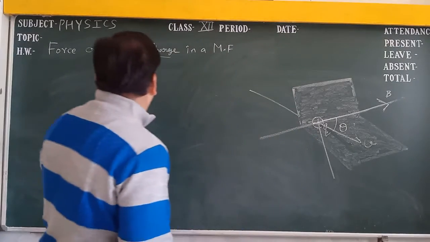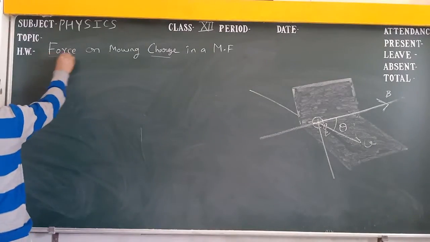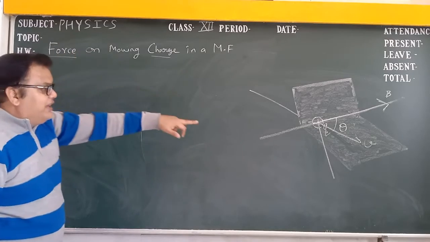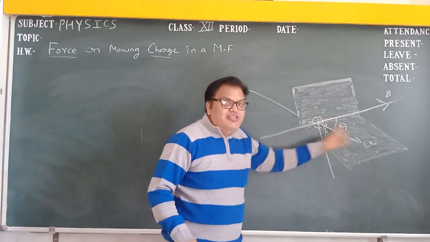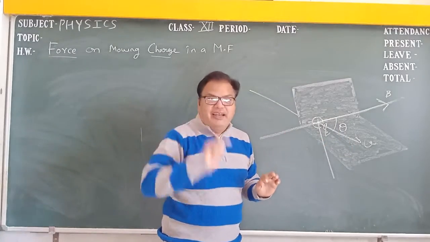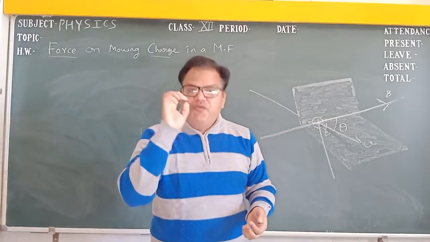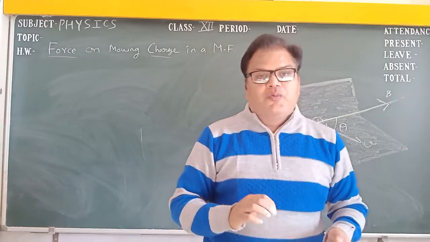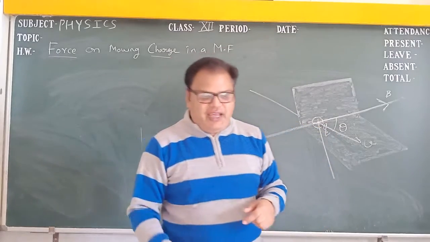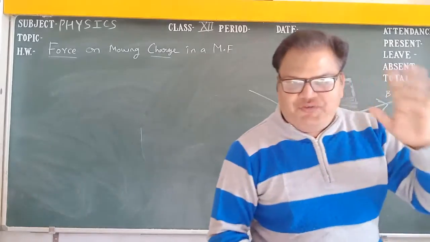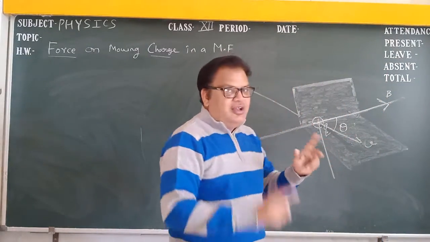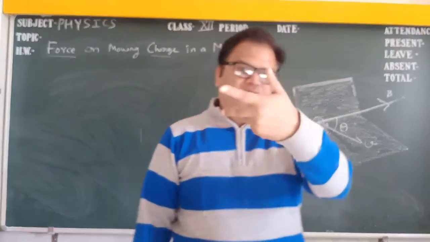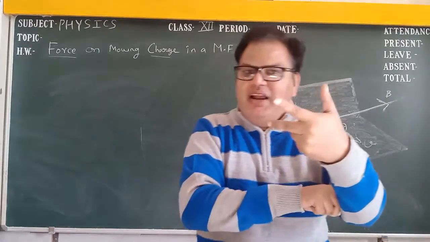The particle is in motion in a magnetic field, so what we have to find is the force. To find the force, we apply Fleming's left hand rule. You know Fleming's left hand rule.